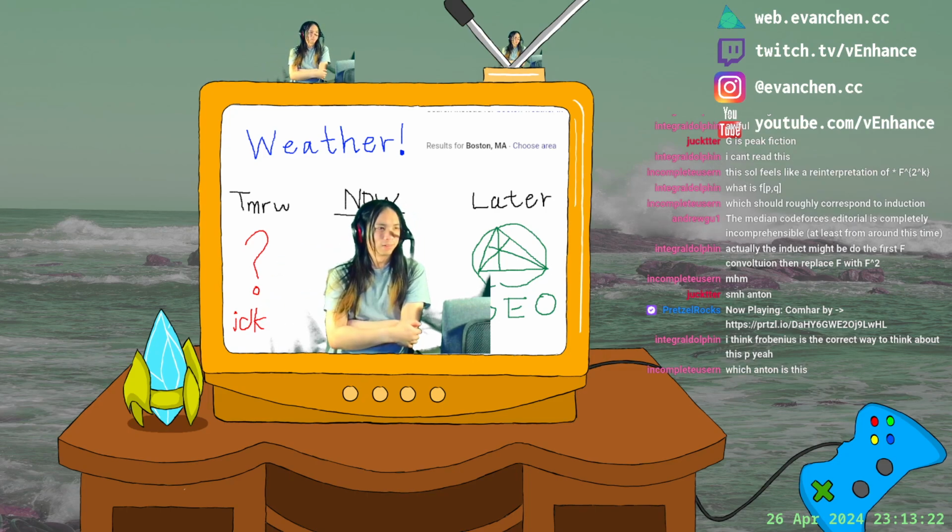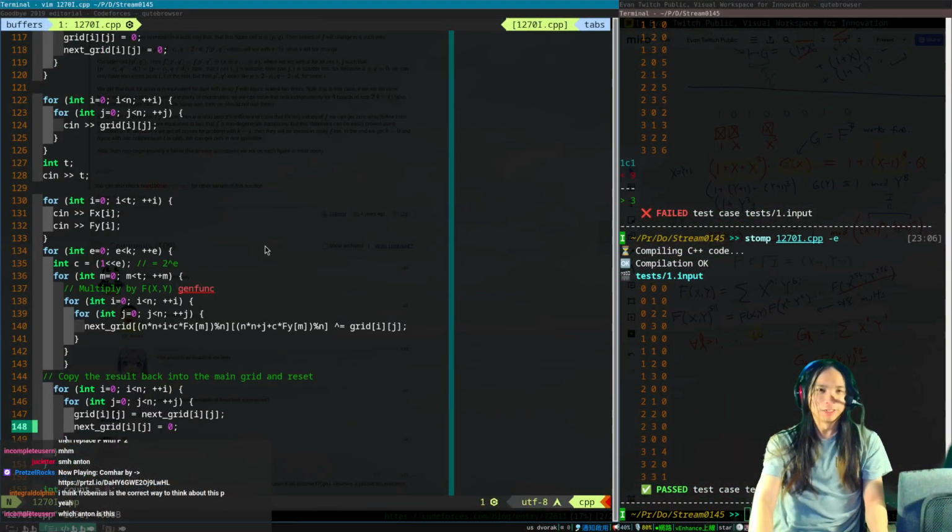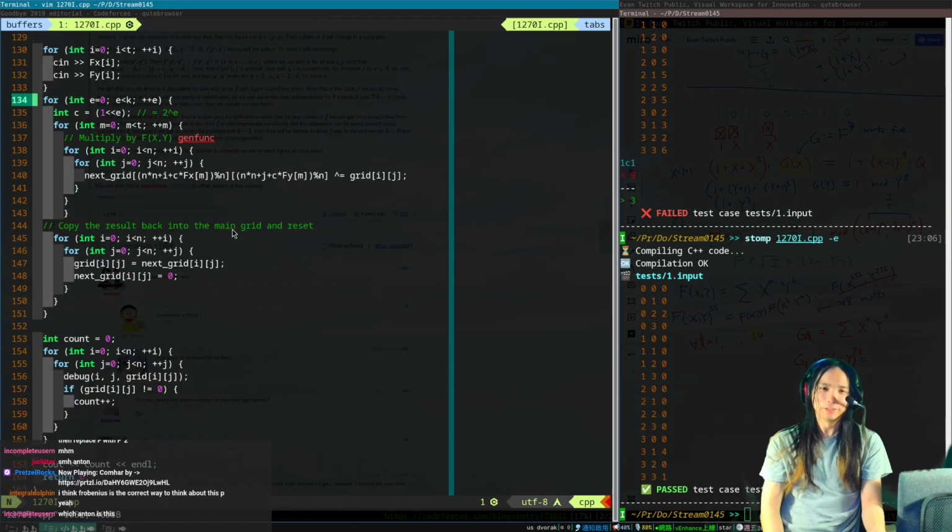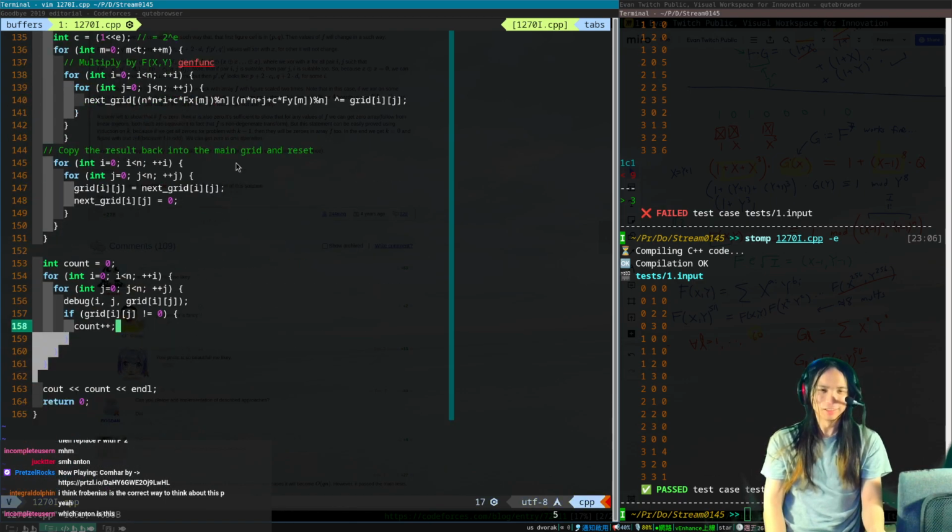Yeah. No. Frobenius is good. But also, this was a lot shorter. When I was working on the board, figuring out the algorithm, I was like, oh god, this is gonna be so annoying to implement. But this is actually very short.